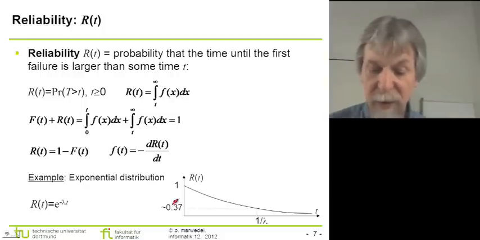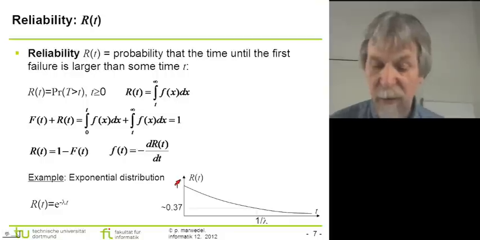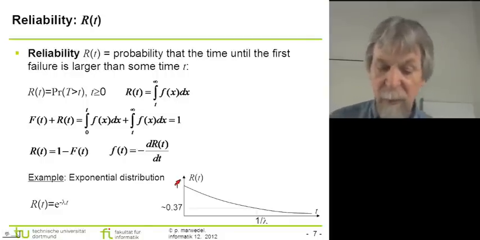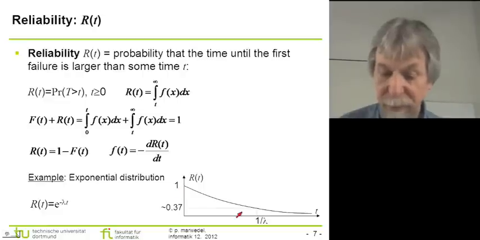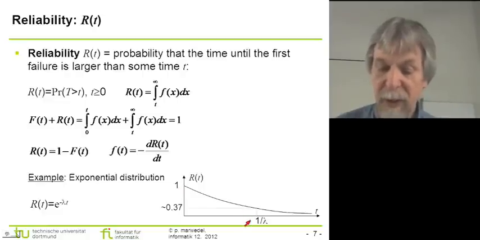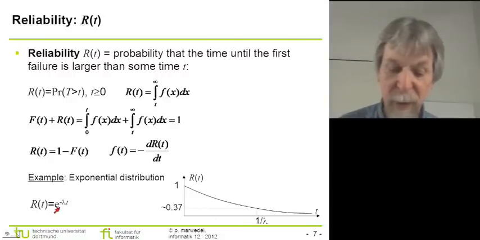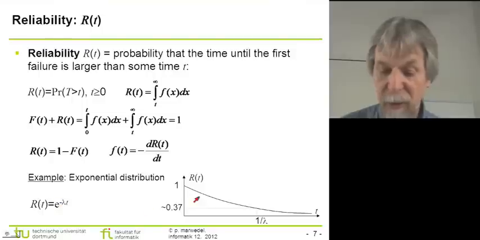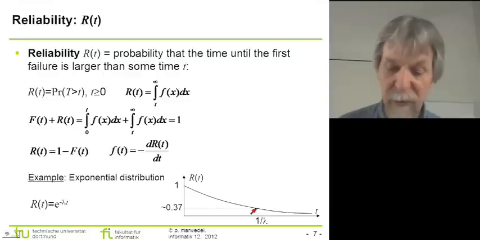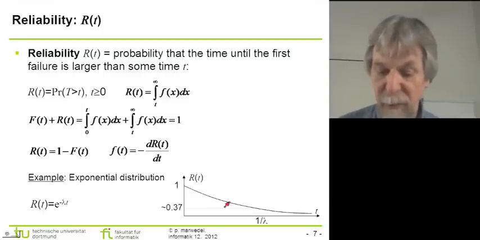As a result, we can also visualize this function graphically. We see that we are starting at a value of 1. And for the case where t equals 1 over lambda, we have e to the power of minus 1, which means that we have this fraction of the original reliability left.